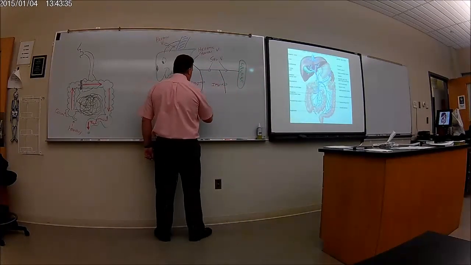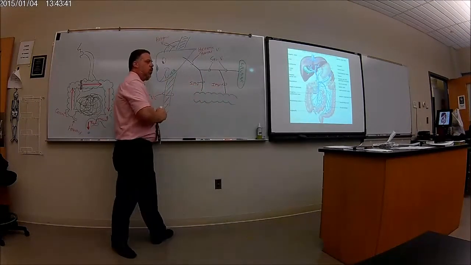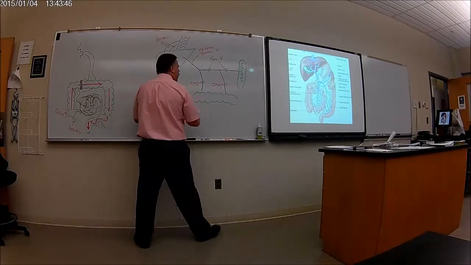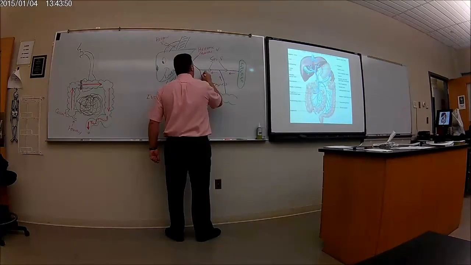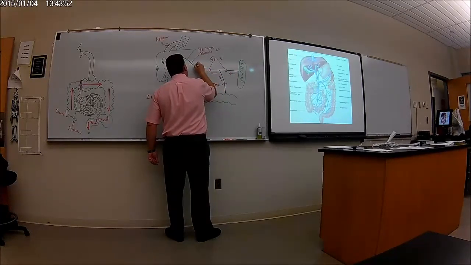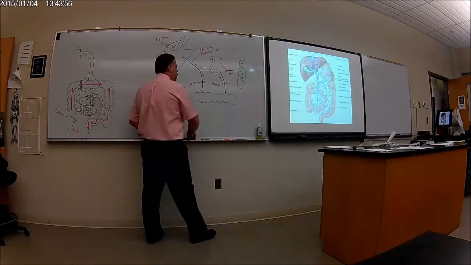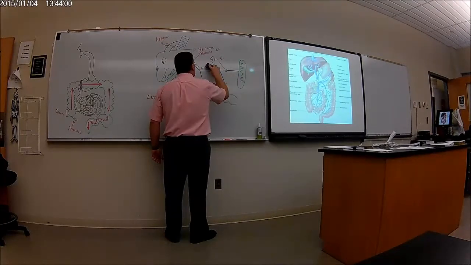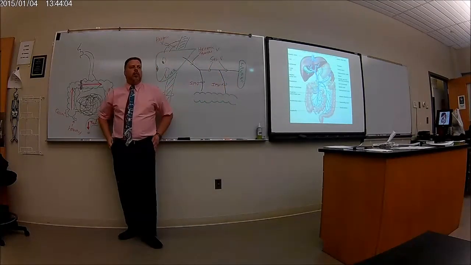We have intestines over here. Remember, blood flow is going this way, right? That makes sense? Let me just erase this to see it. Okay, now this is what's happening here. What kind of blood is found in veins?